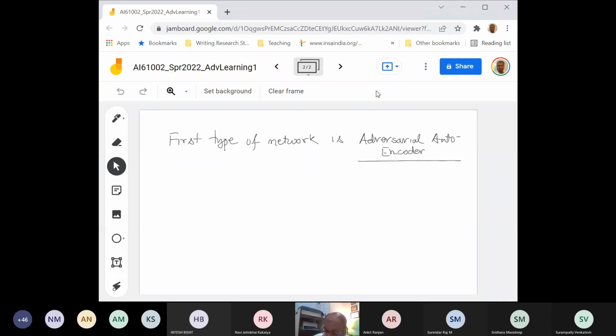Okay, so the first type of network which we are looking at is an adversarial autoencoder. Essentially, if you recall from an autoencoder, you have a network which is called an encoder and another network which is called a decoder.